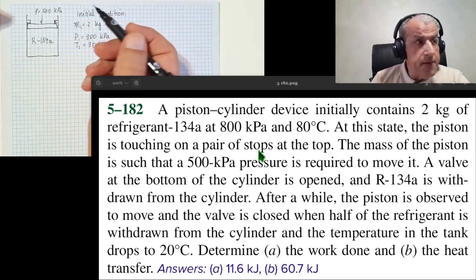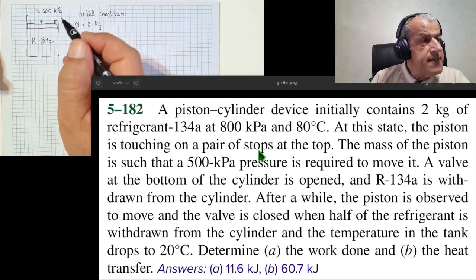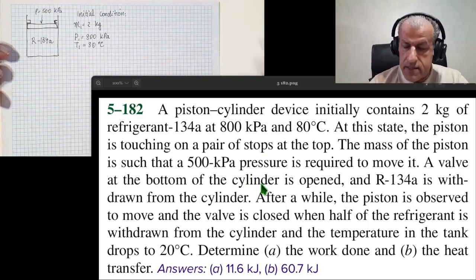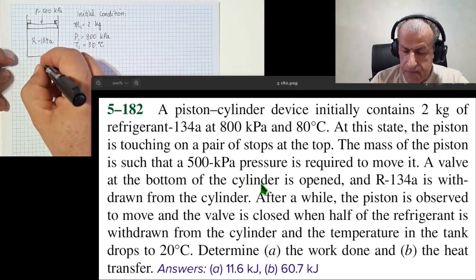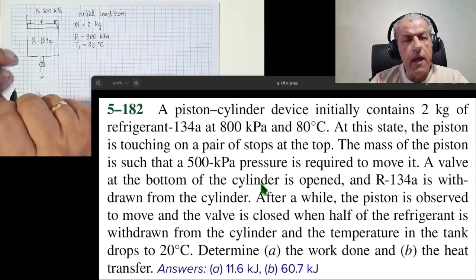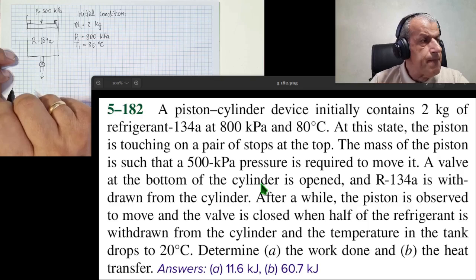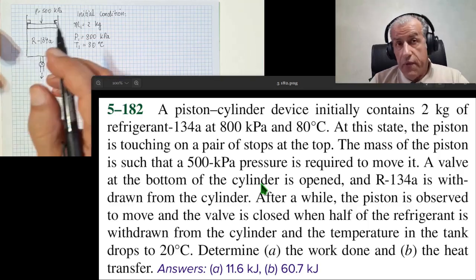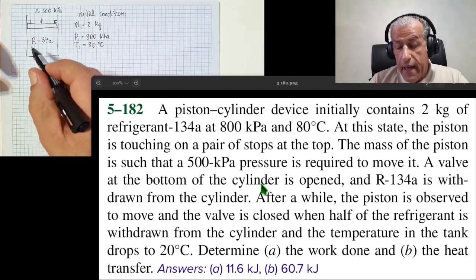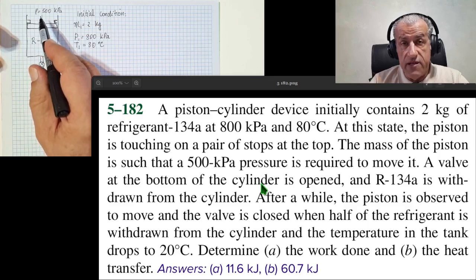But let's see what happens next. It says a valve at the bottom of the cylinder is opened and R134A is withdrawn from the cylinder. So there's a valve underneath. The valve is open and R134A is let out. Now, what we expect is that the pressure would reduce and it would eventually reach 500 kilopascal.